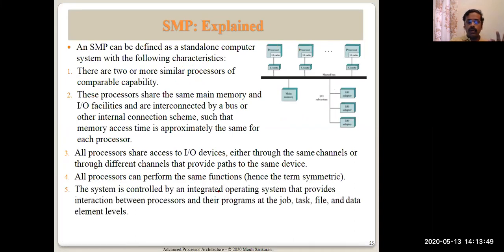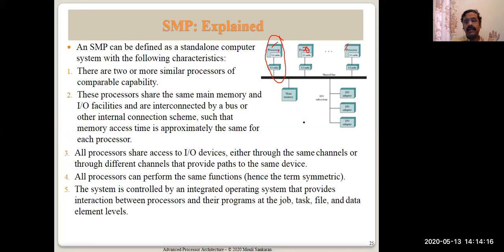The system is controlled by an integrated OS. That means the OS running on this and this and this are the same. Normally, what happens is the OS will be running on one core, partly. As I told you in the OS course, the OS is not running always. It runs whenever it is required. So it may be running on one core. Some part of the OS may be running on another. It depends on the implementation. Don't worry about how it is running.